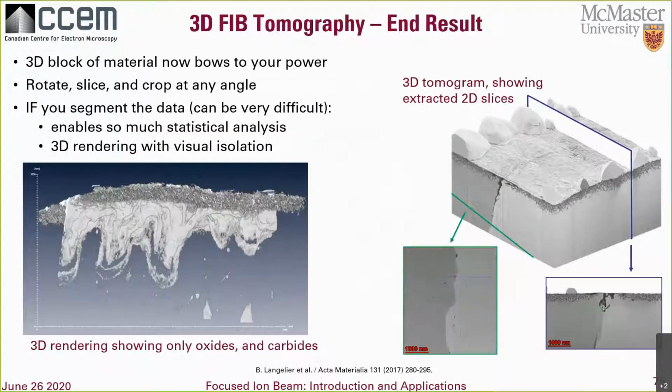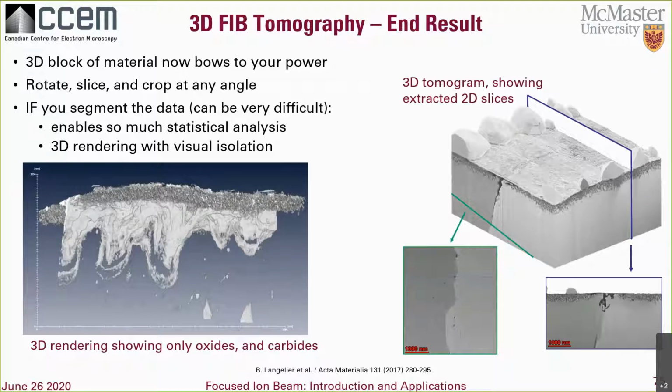This is the end result of FIB tomography after processing the whole image stack through reconstruction software. You get a block that can be rotated in 3D and sliced or cropped at any angle, but really that's just the beginning. By segmenting out the various features of the material based on the gray levels, shape, size, or other trends, you can take analysis to the next level.